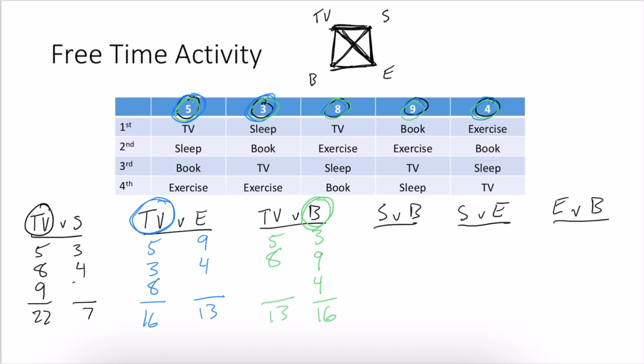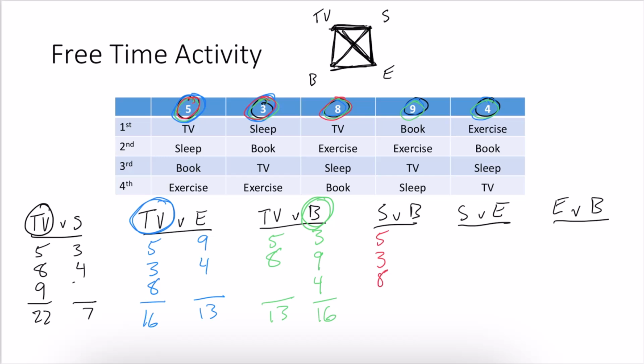And then for the next pair, where we're comparing sleeping versus reading a book, these 5 people, if you go down, would rather sleep than read a book. And so that means that the 5 is going to go towards the sleeping category. These 3 people would also rather sleep than read a book. And so would these 8 people, because sleeping and reading a book are 3rd and 4th choices, but sleeping is the 3rd choice.